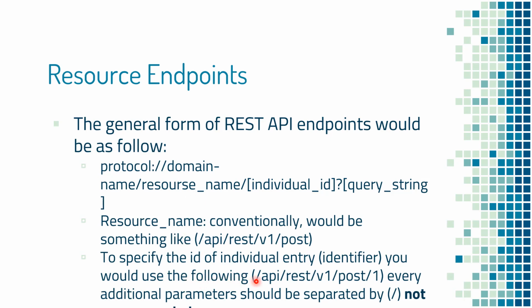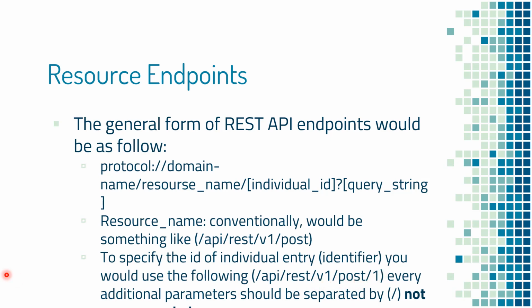For example, if I wanted to get the profile of the first user, user number 1, then I will pass number 1 here, and from my implementation, I will have the ability to grasp this parameter from the resource.